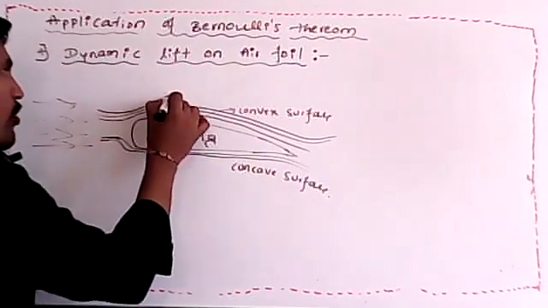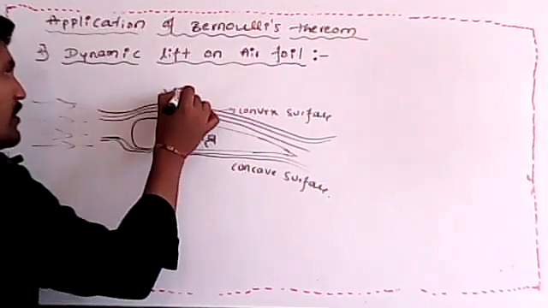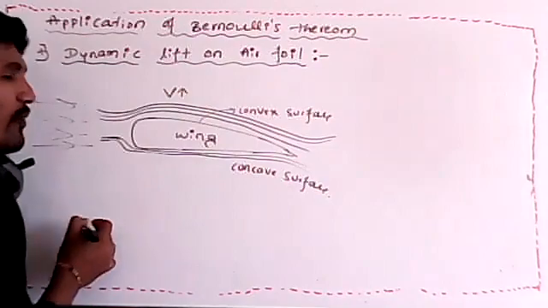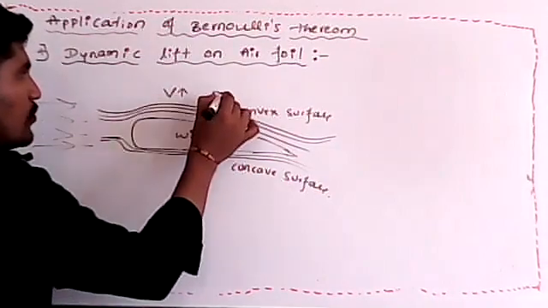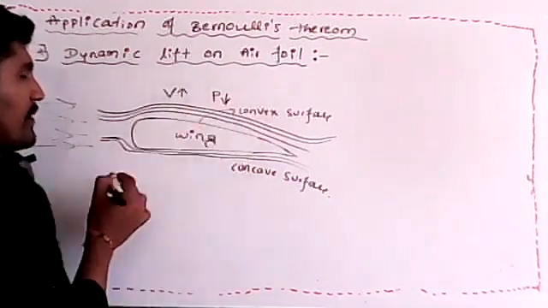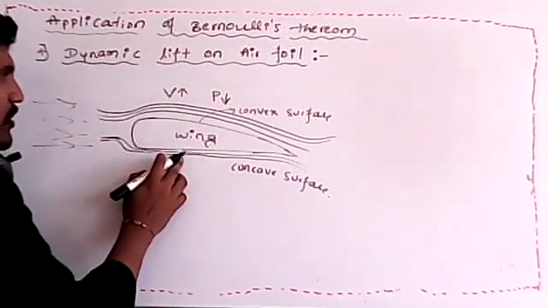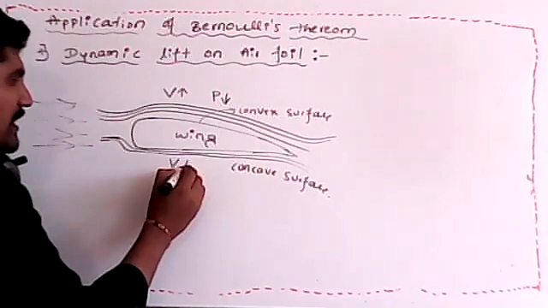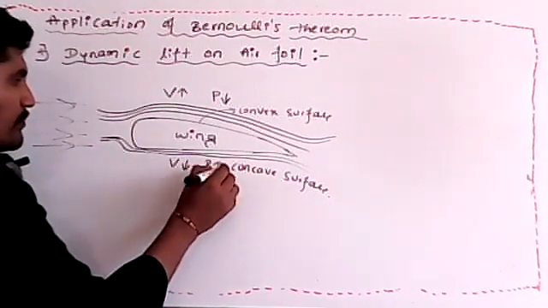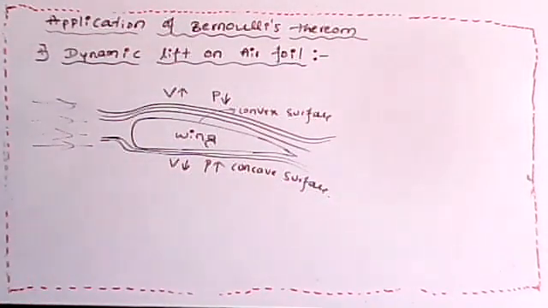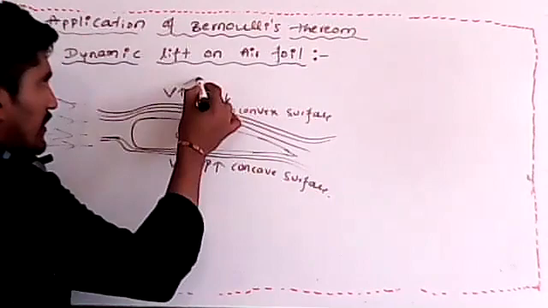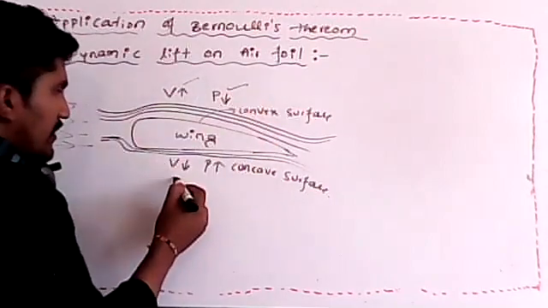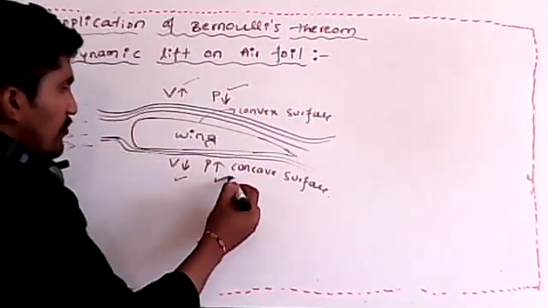As a result, the velocity or speed of air molecules will be very high here. We know when velocity is more, pressure will be less. When velocity is less, pressure will be more. So velocity is more here, pressure will be less here. Velocity will be less, pressure will be more.